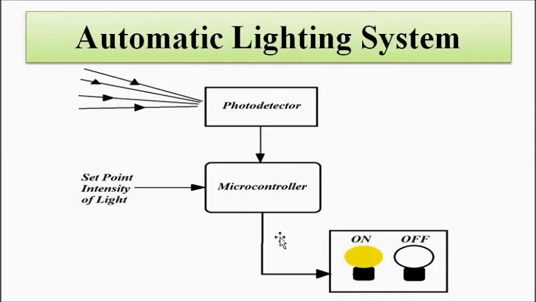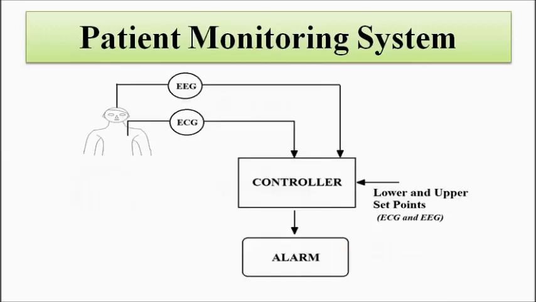When the intensity crosses above or below the set point, the microcontroller activates or deactivates the lighting system with a suitable mechanism, be it a relay, solenoid, or any other electrical or mechanical mechanism which forms the actuator system. So these are the basic examples we have discussed related to the process control loop.